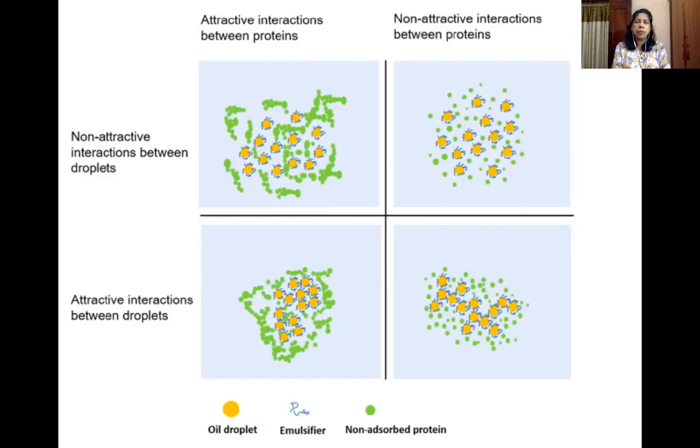The other one, on the bottom left, is attractive interaction between droplets and attractive interaction between proteins. You can see how these get together.